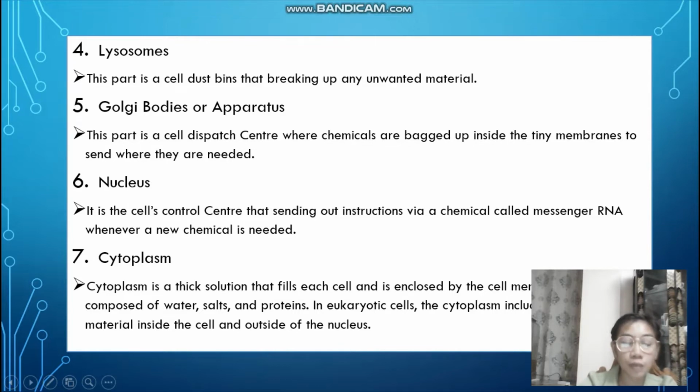And for the cytoplasm, the cytoplasm is a thick solution that fills each cell and is enclosed by the cell membrane. It is mainly composed of water, salt, and proteins. In eukaryotic cells, the cytoplasm includes all of the material inside the cell and outside of the nucleus.